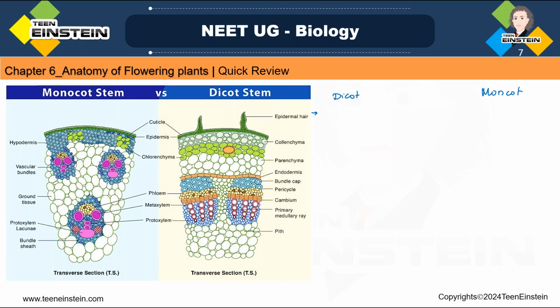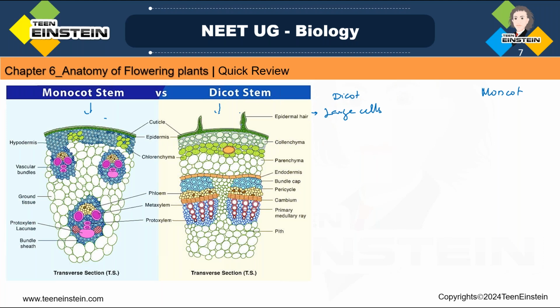Here you can see the characteristics. From the top you should start. Epidermis, right? This is dicot stem and this is monocot stem. First we will tell the epidermis. In dicot stem, you can see the larger epidermal cells, with multicellular hair.